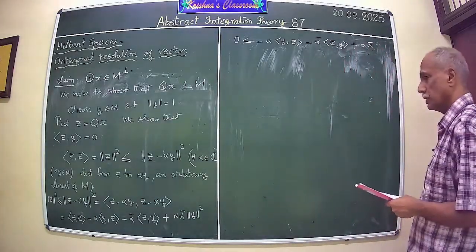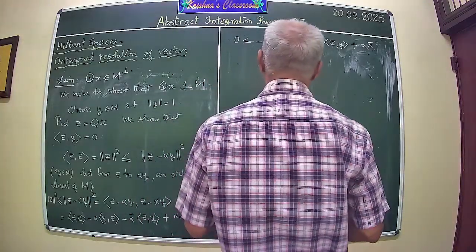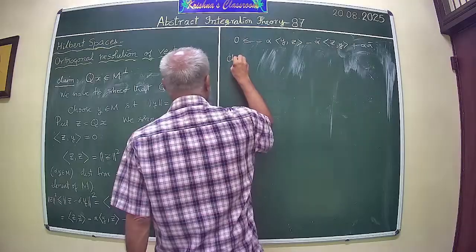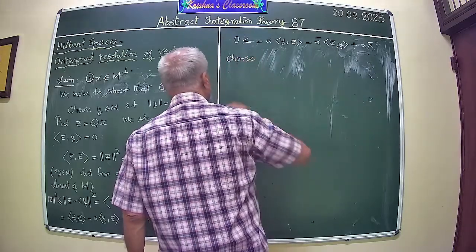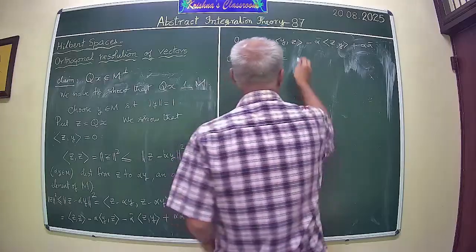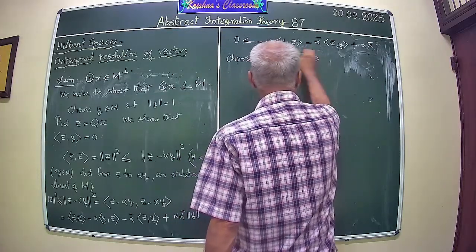This is what it is, because now norm of y is equal to 1. Right? Now make a choice of alpha. Alpha equal to conjugate. It's a complex number.